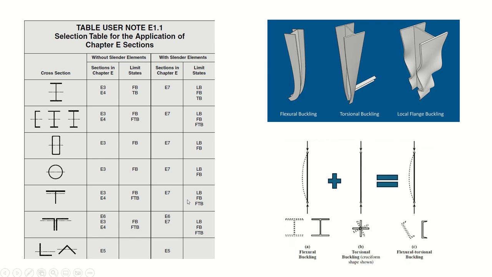Also, this code gives you this table for members without slender elements and with slender elements, and as you can see, the difference here is that this last column contains LB, which is local buckling. That's the only difference, because all the other limit states are the same. You can see flexural buckling, torsional buckling, flexural-torsional buckling, but here is local buckling as an additional one. As I mentioned, it's a combination between these two.